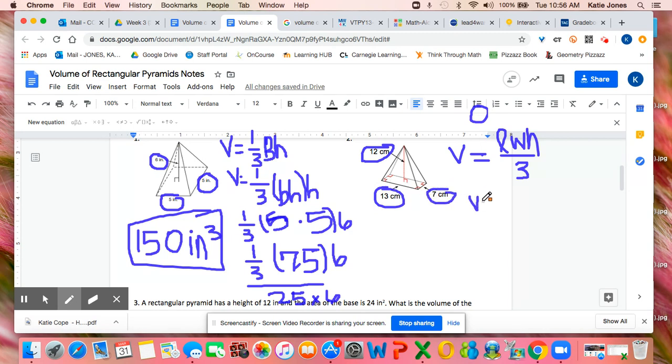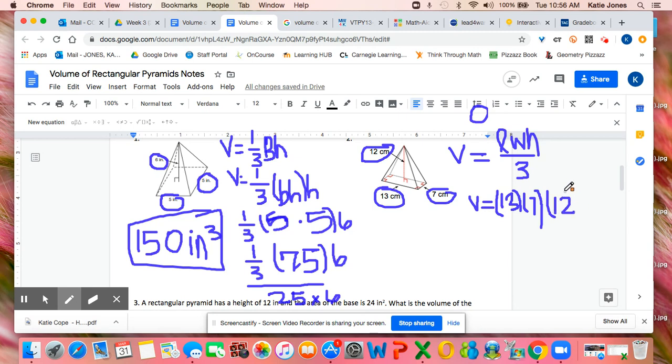So volume equals, I'm going to do 13 for the length, just to pick a number, 7 for the width, and 12 for the height.